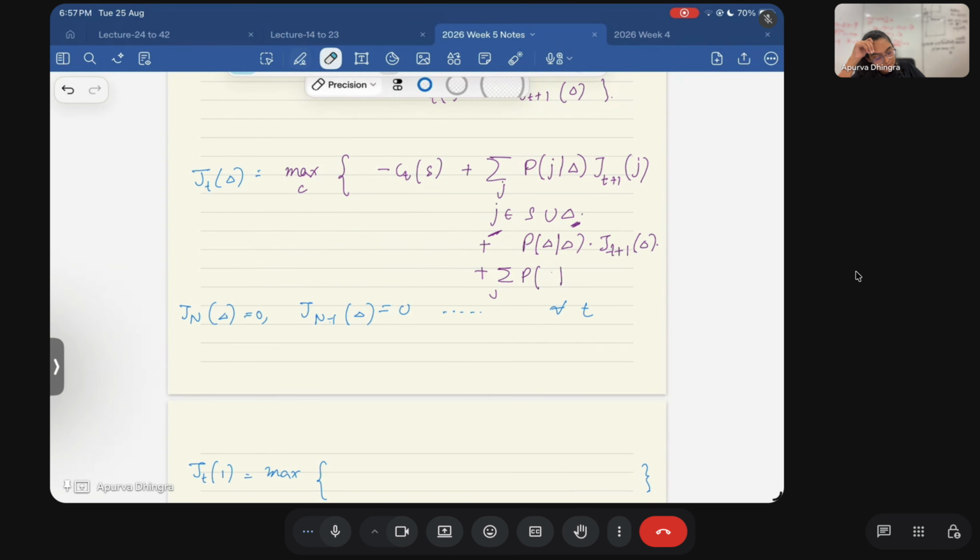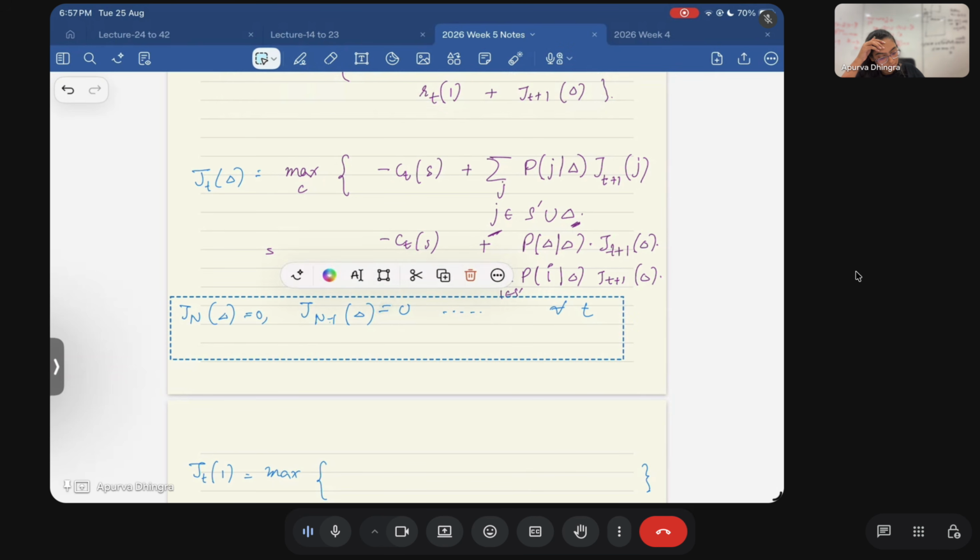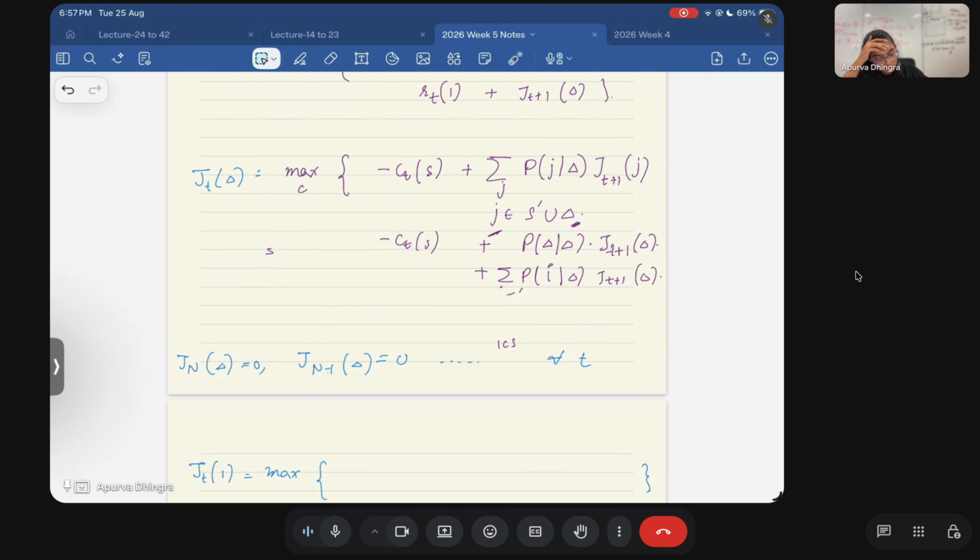J belonging to the running chain, let's call it I. And minus CT of S is as it is. There's no maximization here. We're coming to the core logic, but let's still finish it.